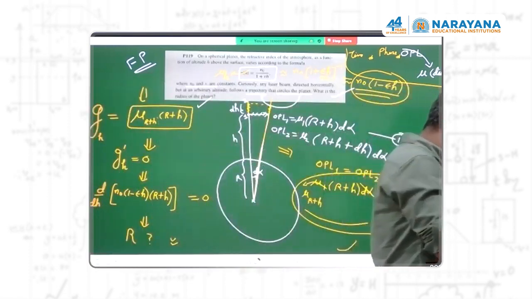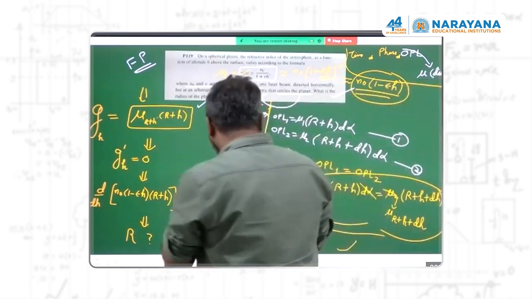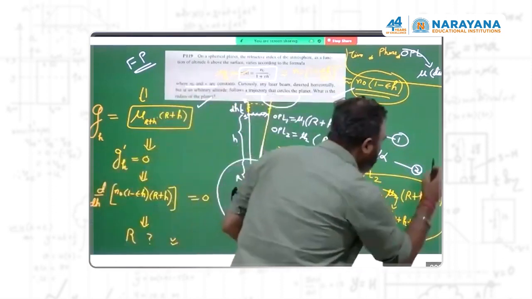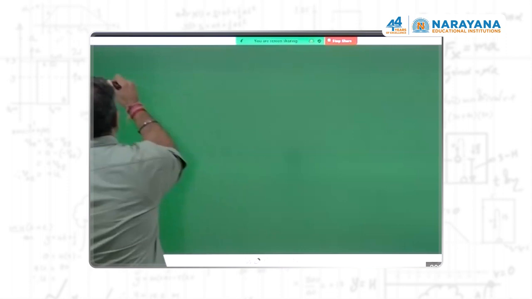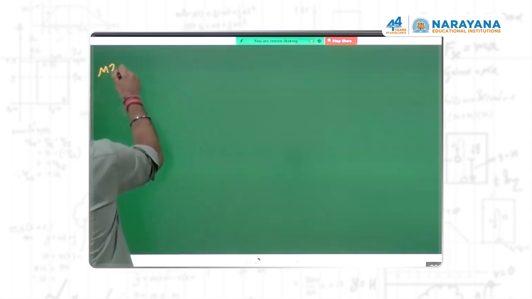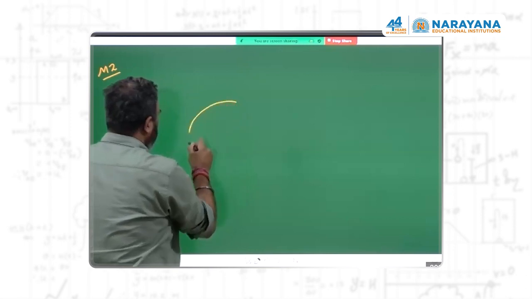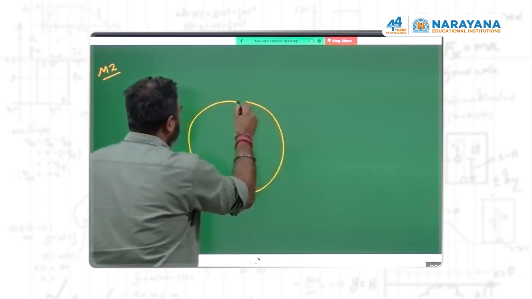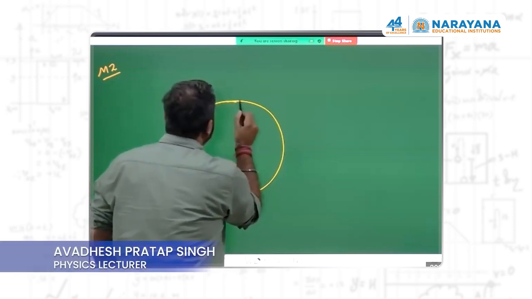Another way of looking into the problem, I'll explain that. If you are close to the surface of Earth, instead of Fermat's principle, somebody can also observe it in another way. Let's say we are close to the surface of Earth and we are considering a beam.